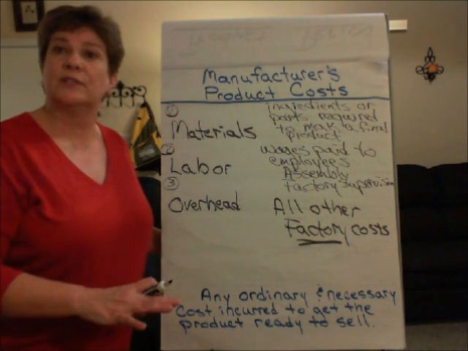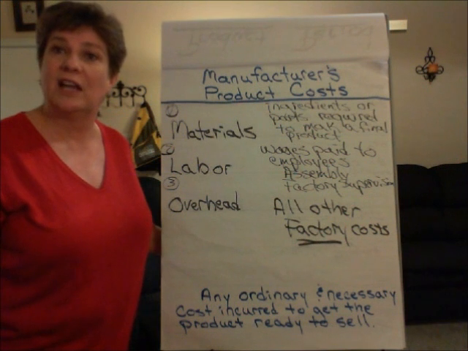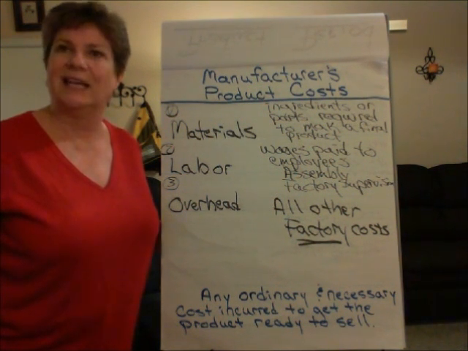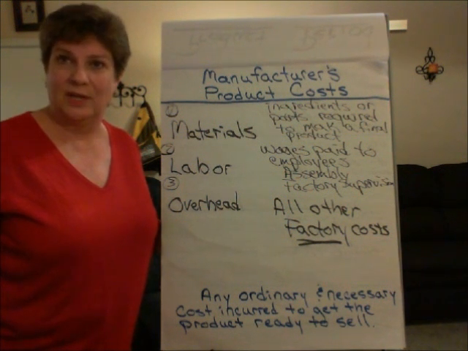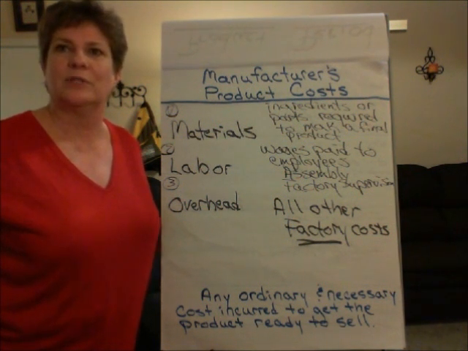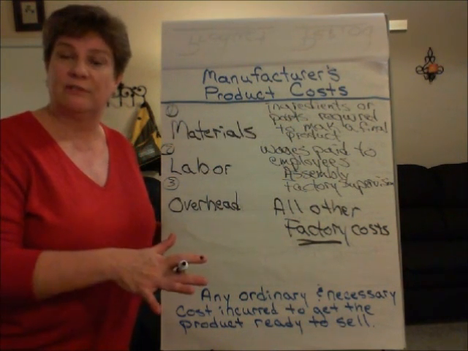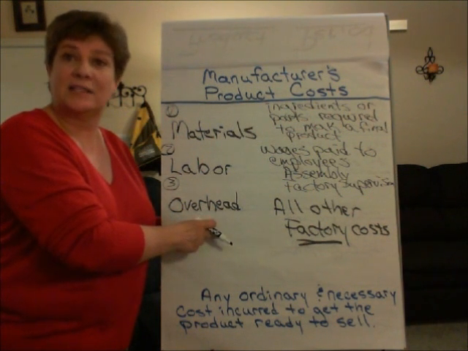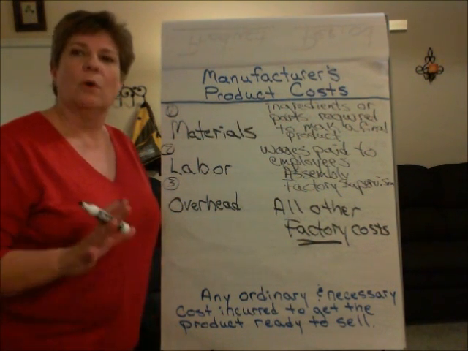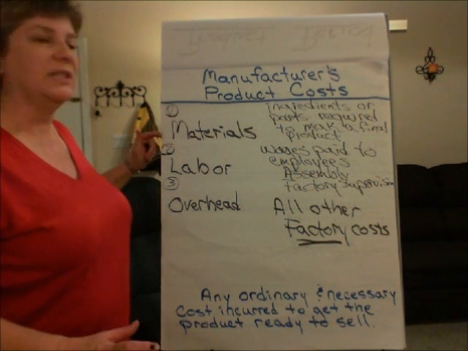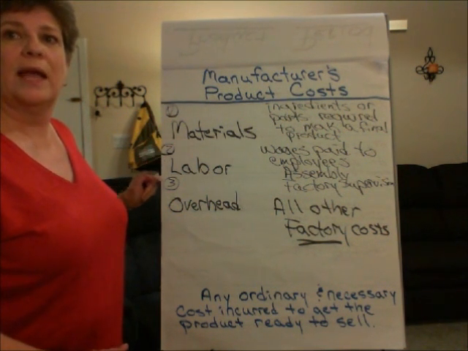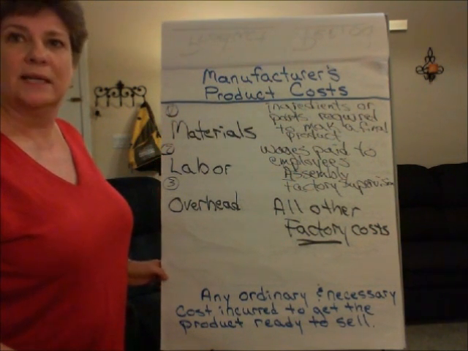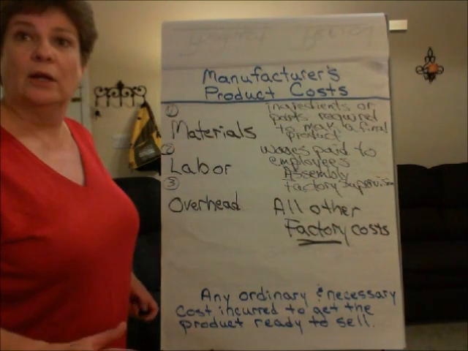The portion that's associated with the office space and the sales floor, those are period costs, selling and administrative expenses. So they go directly to the income statement. And remember from my previous video that product costs are accumulated in assets on the balance sheet. So a manufacturer's product costs are materials, labor, and overhead. All costs incurred in the factory to get the product ready to sell to the customer.